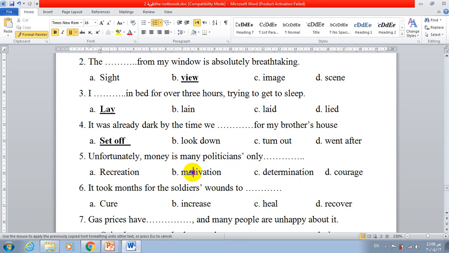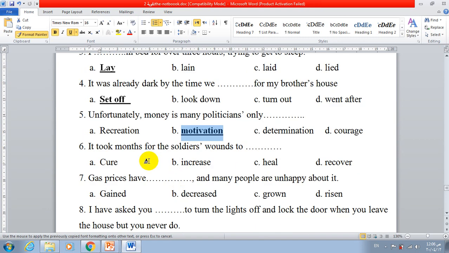And number 5, unfortunately, money is many politicians' only what? Recreation, motivation, determination, courage. Good. Letter B is the right one. Number 6, it took months for soldiers' wounds to, I told you before, when we want to say the wounds recover, or when someone feels better from his wounds, we use cure or increase, heal or recover. Good.